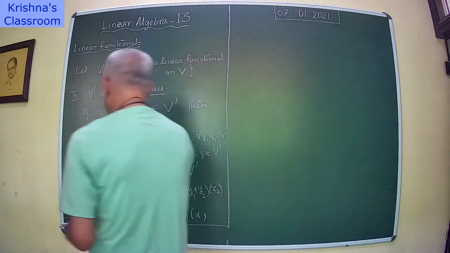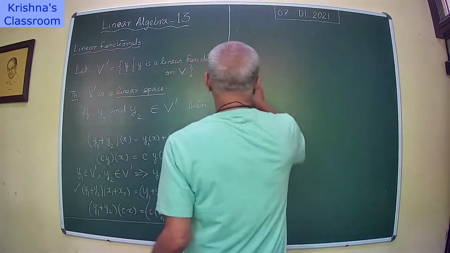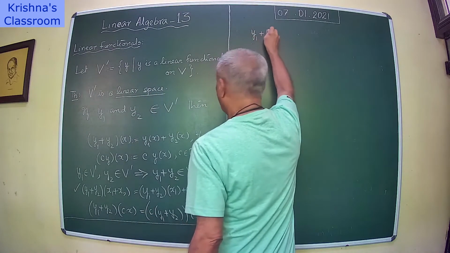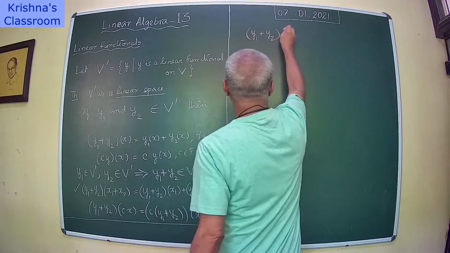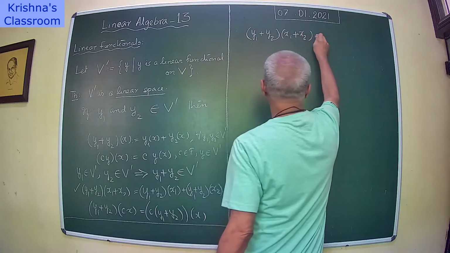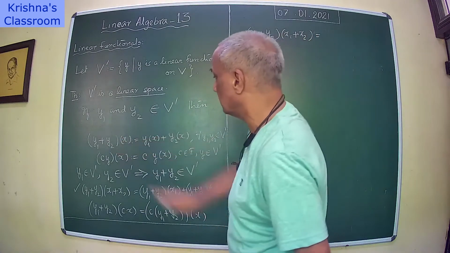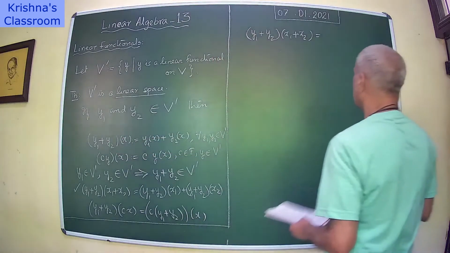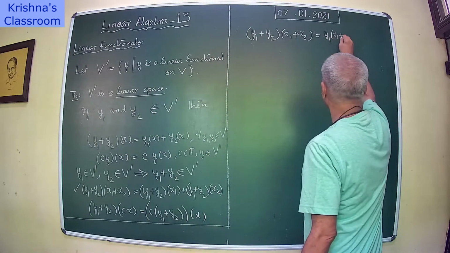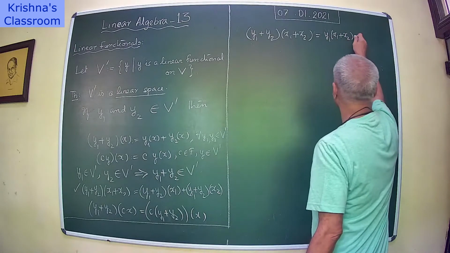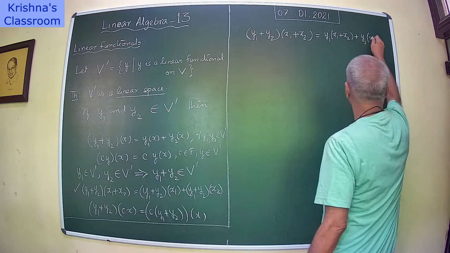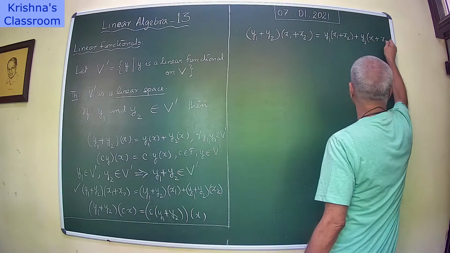By definition, y1 plus y2 of x1 plus x2. What is this? This is where we have defined the sum of two functions. Now this is equal to y1 of x1 plus x2 plus y2 of x1 plus x2.